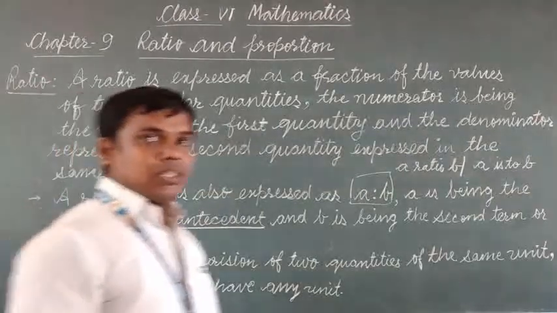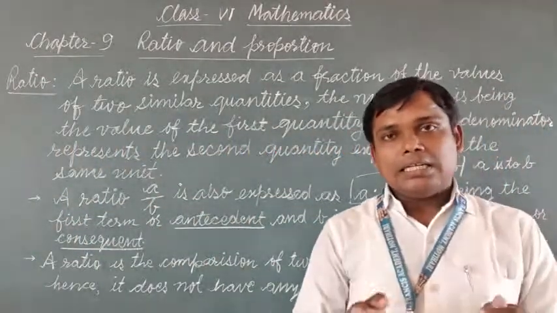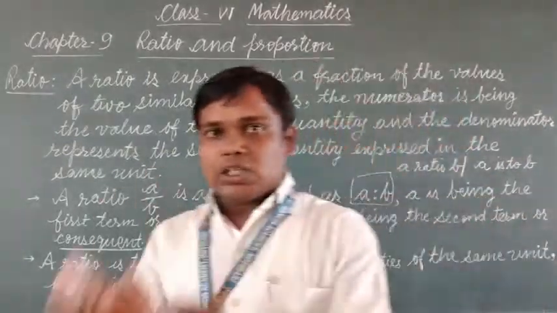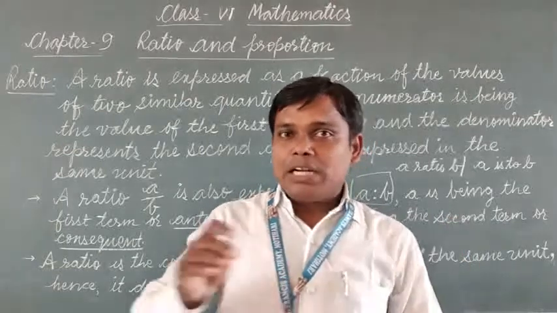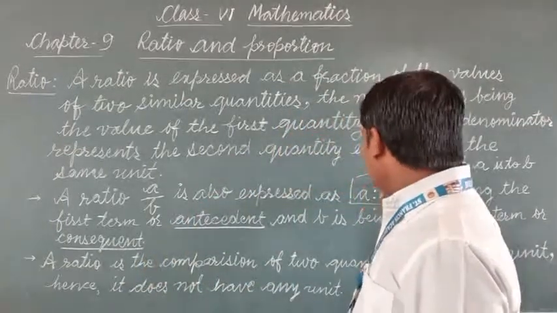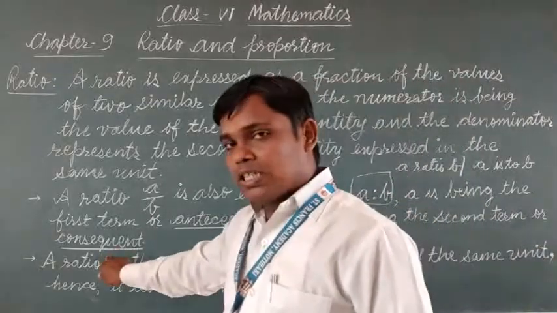If a ratio is given and it asks you to write the antecedent and consequent, you can write the numerator as antecedent and the denominator as consequent.